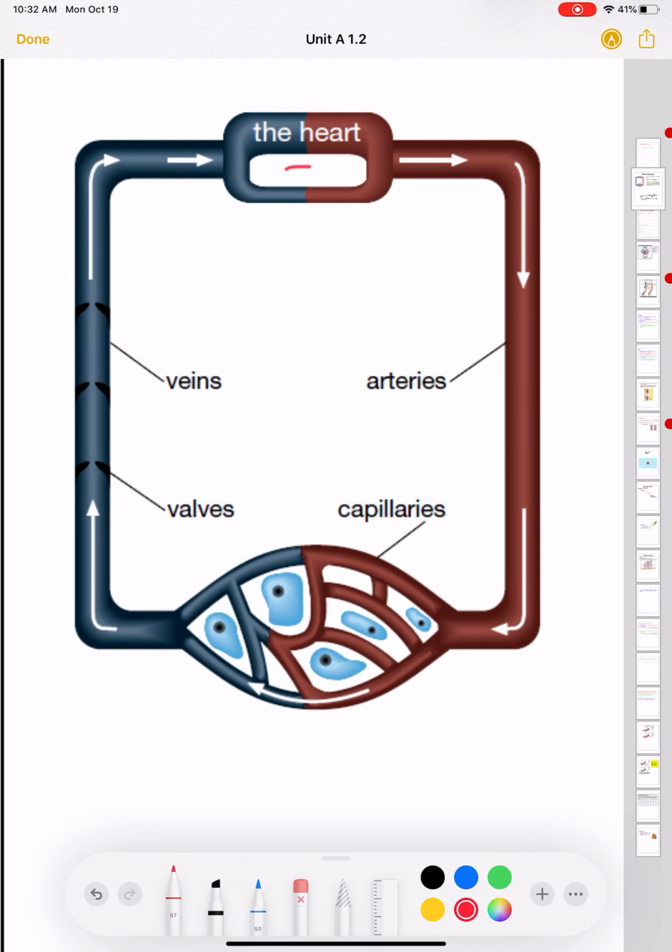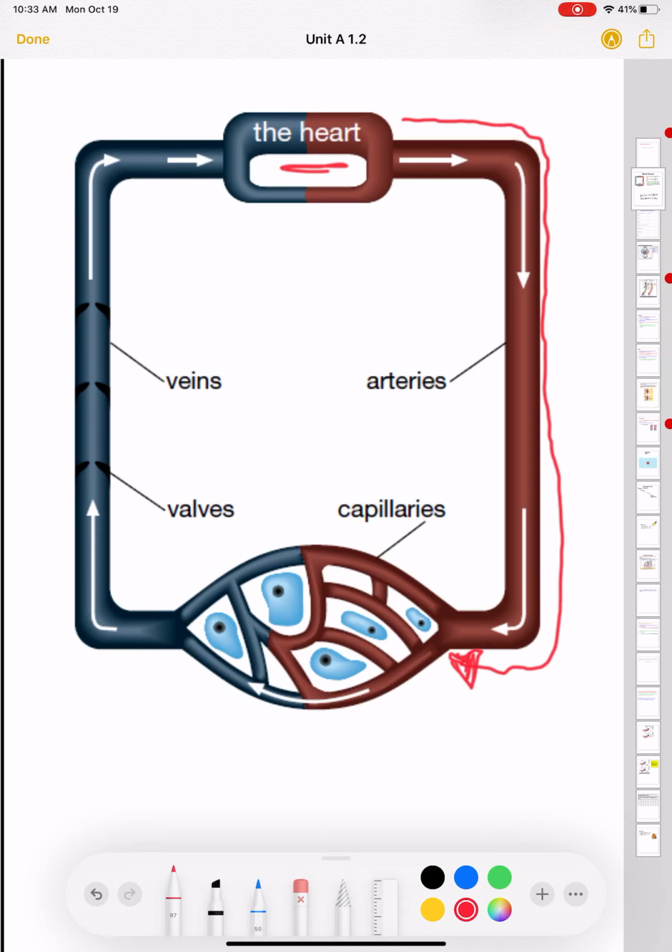So if we're looking at the heart up here, if it's going away from the heart to our body, this is going to be oxygenated blood. It's got oxygen in it, it's red. It's going to go until it gets to the place where we need that blood, and the vessels from the arteries are going to get smaller and smaller, narrower and narrower, and that's what it'll basically change into capillaries.